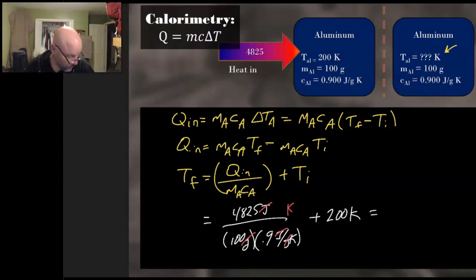And when I go through the math on that thing, what am I going to get? Oh, I forgot to write it down. I think it's like 304, something like that. Okay, I'm going to have to calculate that real quick.